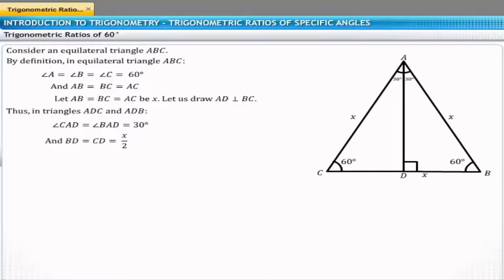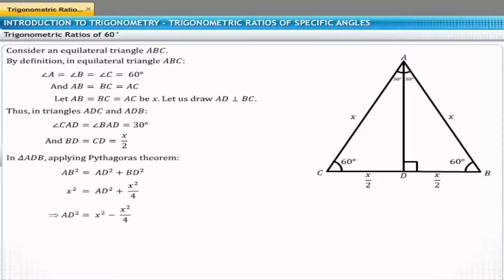It also divides side BC into two equal parts, BD and CD, each equal to x by 2. Applying Pythagoras' theorem to triangle ADB, we get the length of side AD as √3 by 2 times x.